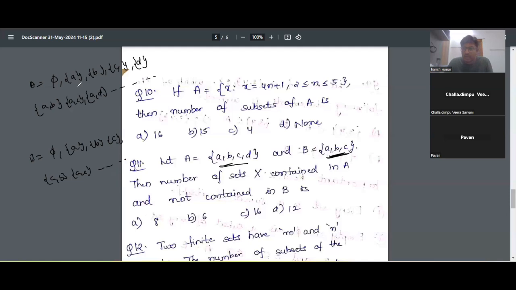Clearly, whatever subsets of B are there, they are contained in B, and we don't want that. So we'll consider all the subsets of A, and from those we will remove all the subsets of B. The number of subsets of A is 2 raised to the power 4, which is 16, and the number of subsets of B is 2 raised to the power 3, which is 8. So the difference is 8. So option A is our answer.